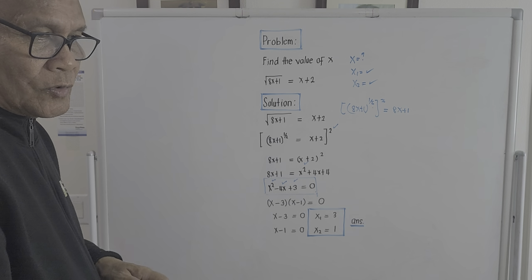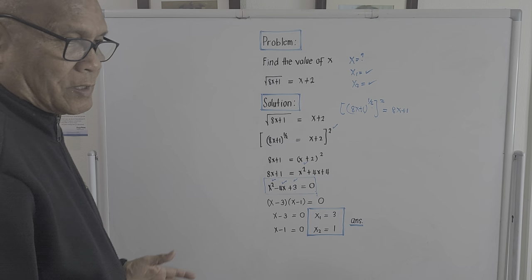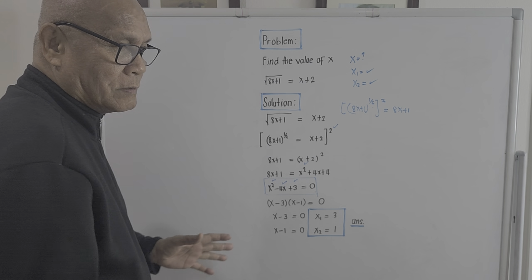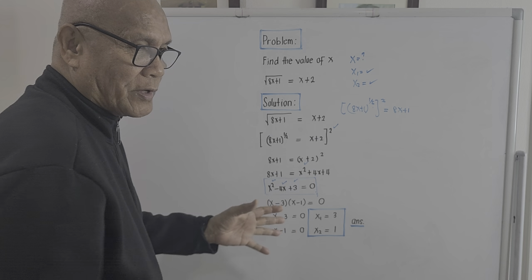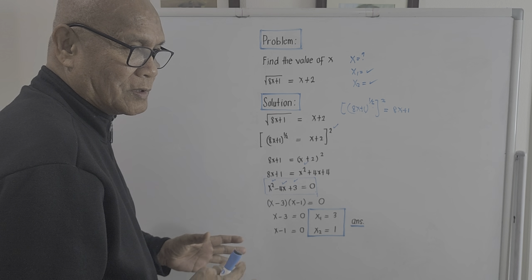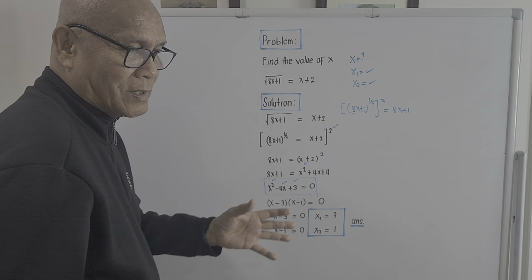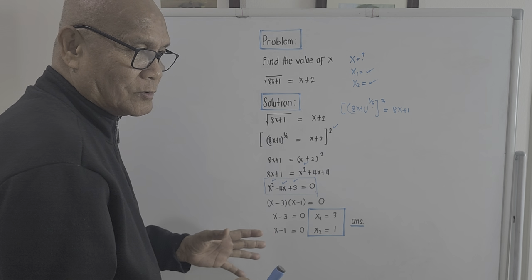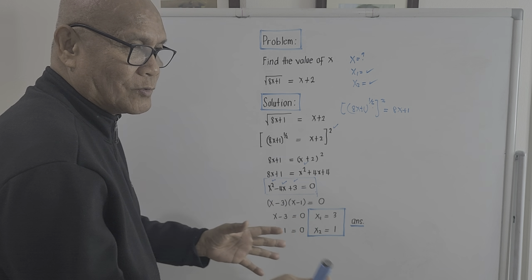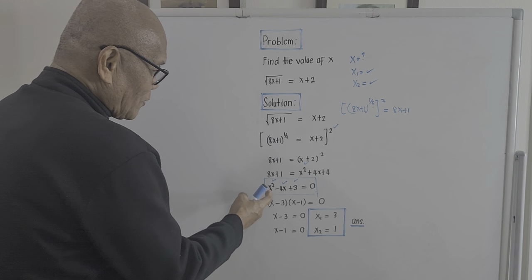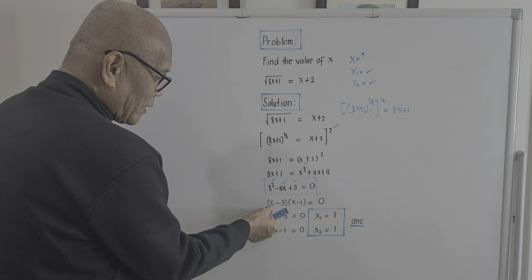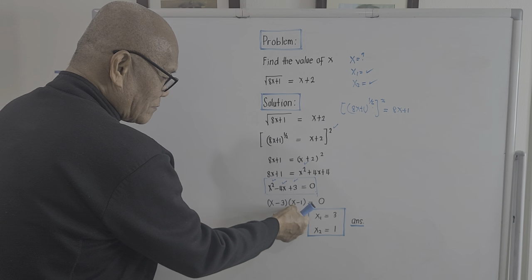And to solve for x, we could either use the so-called factoring, we could use the so-called completing the square, or we could use the so-called quadratic formula. But we'll try to solve first for x by using factoring, by inspection. The possible factors of x squared will be x and x, right?